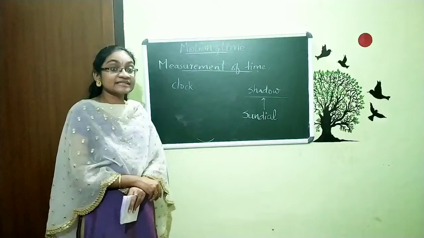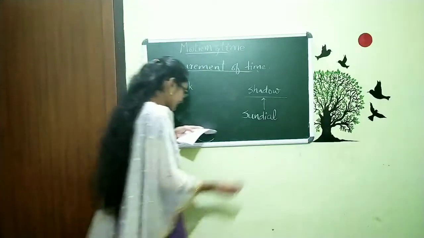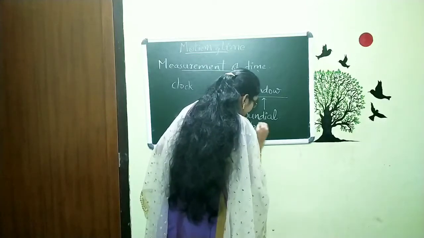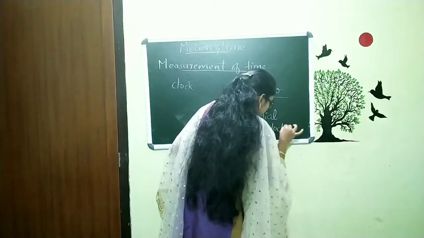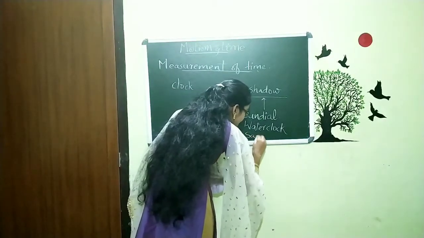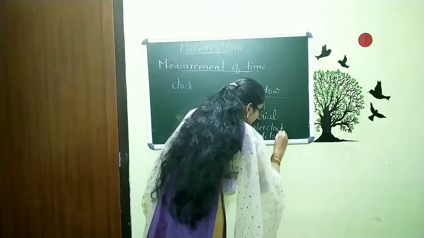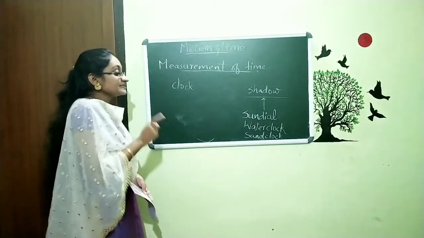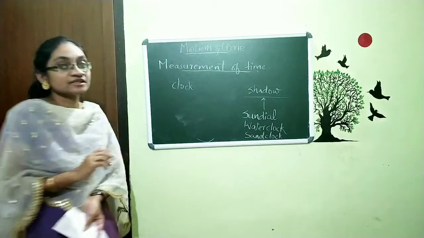And there are also other types of devices, that is water clock and also sand clock. These are some of the devices ancient people used to measure the time.